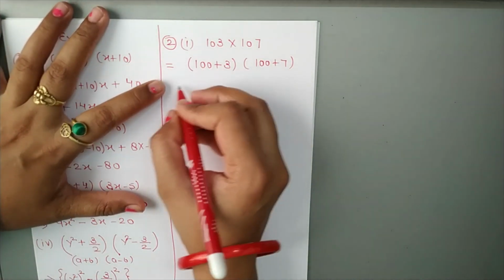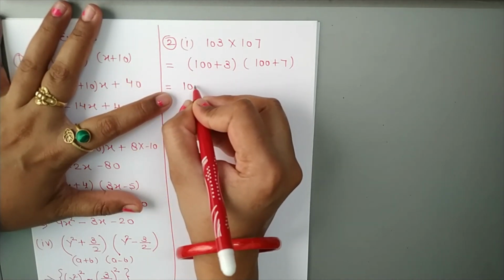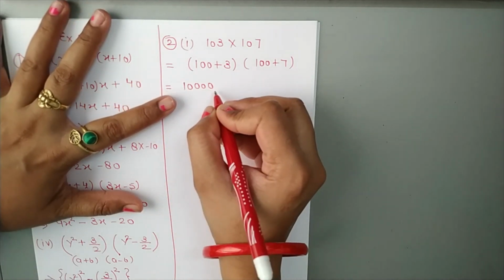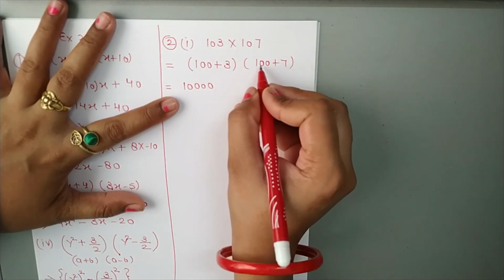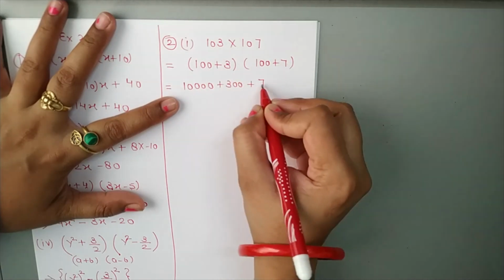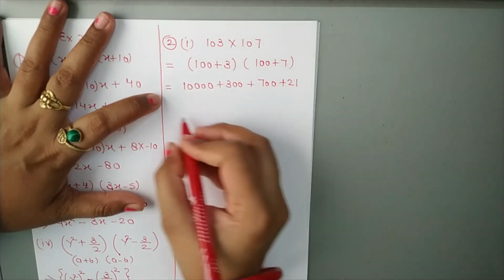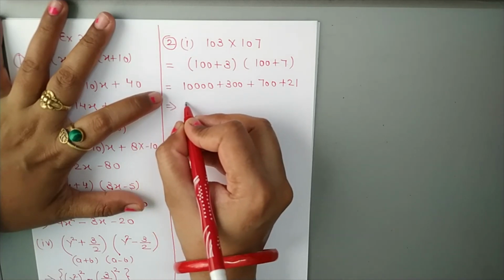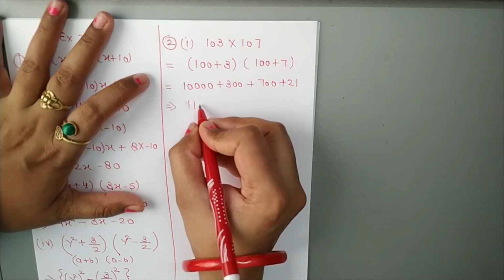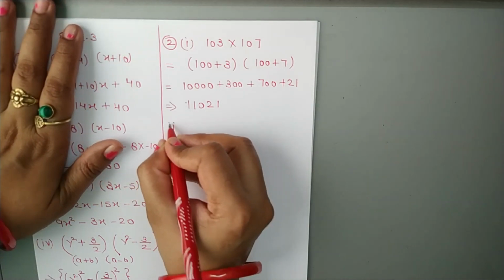First we multiply 100 by 100, so it will be 10,000, then plus 300, plus 7 into 100, 700, and 7 threes are 21. So it becomes 11,021, the final answer.